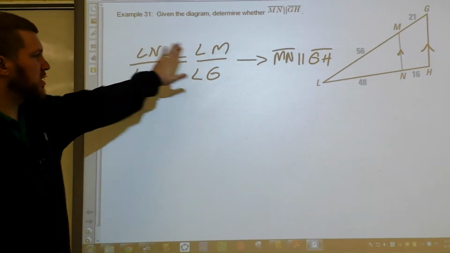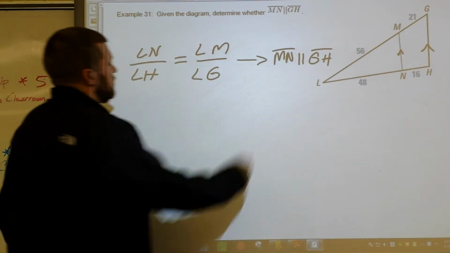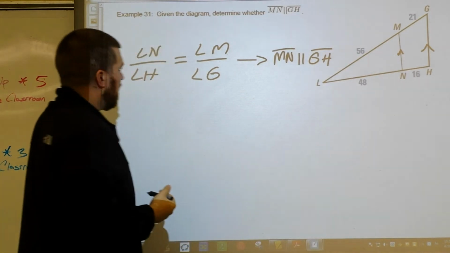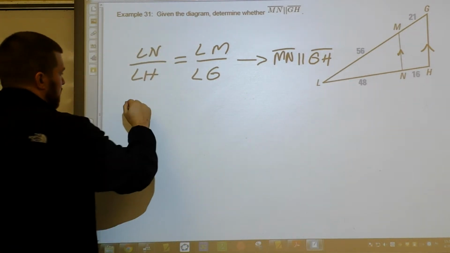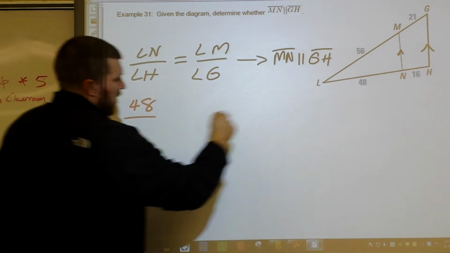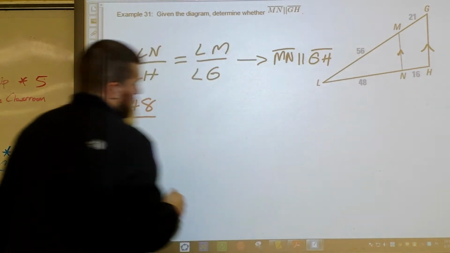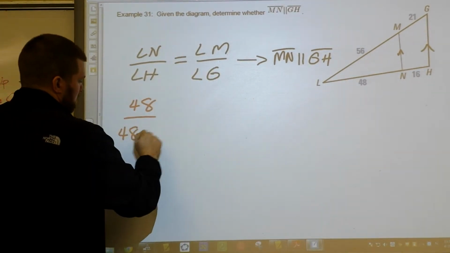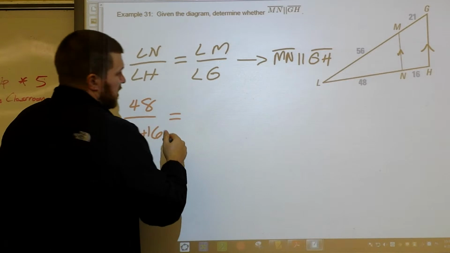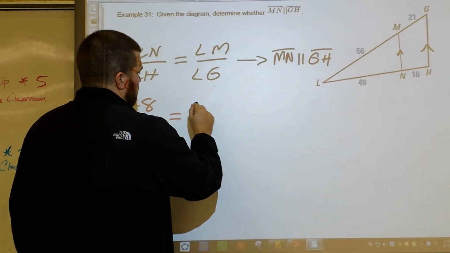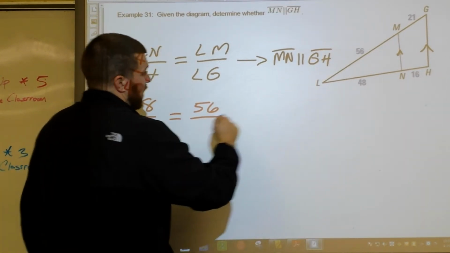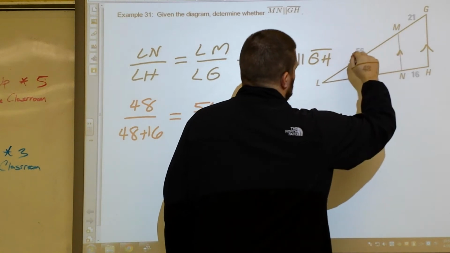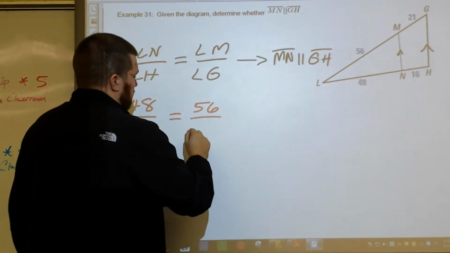Let's plug in and see if this is true. So, plugging in, I have LN is 48, LH is 48 plus 16. It's supposed to be equal to LM, which is 56, divided by LG, which is 56 plus 21.